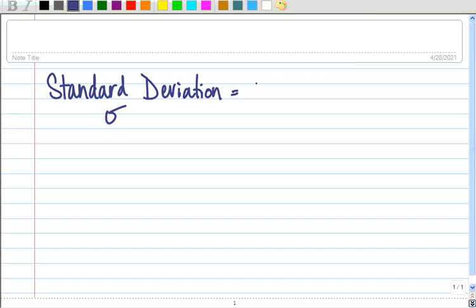But remember that standard deviation, which gets the little sigma symbol, is a measurement of how spread out data is.